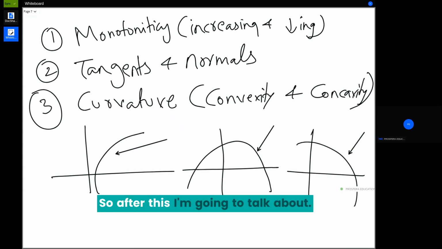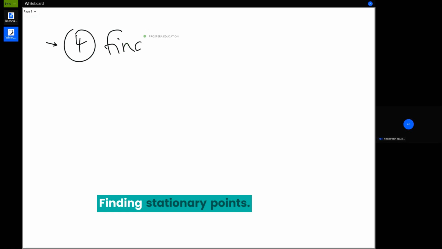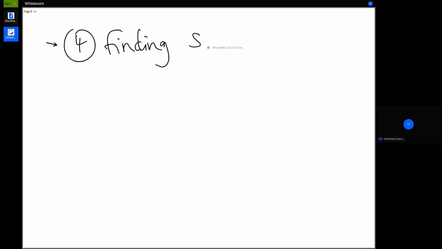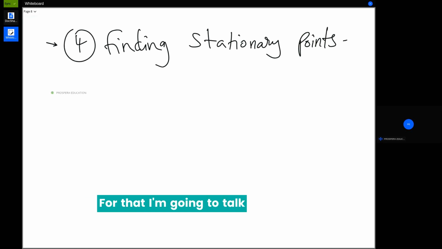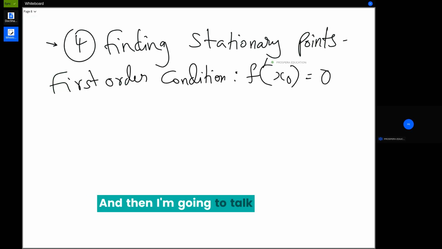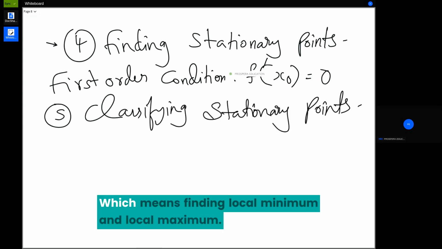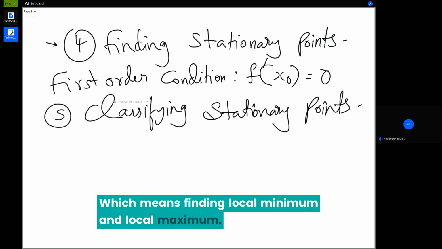So after this, we're going to talk about finding stationary points. For it, I'm going to talk about the first order condition, and then I'm going to talk about classifying stationary points, which means finding local minimum and local maximum.